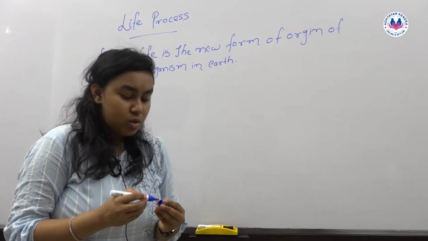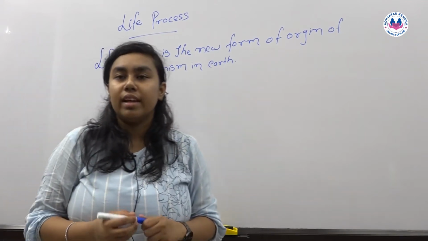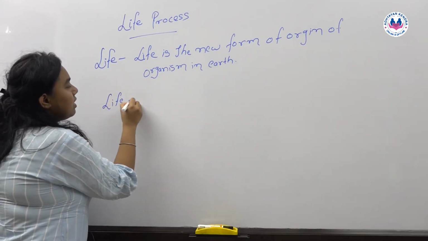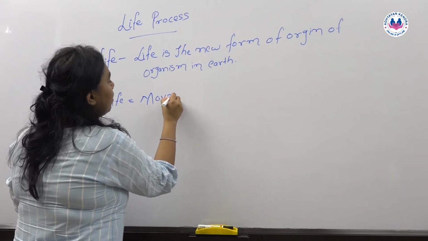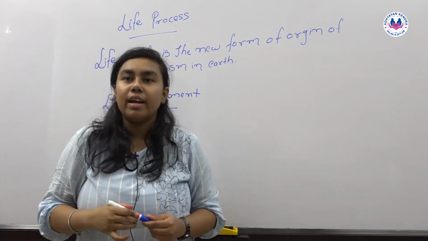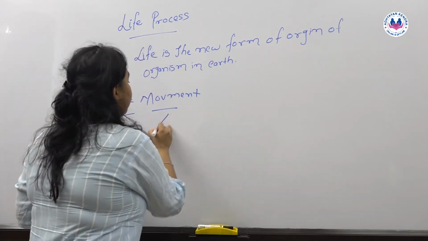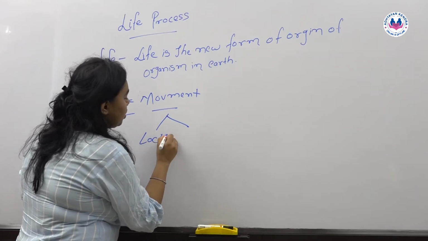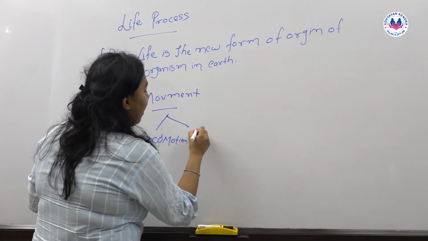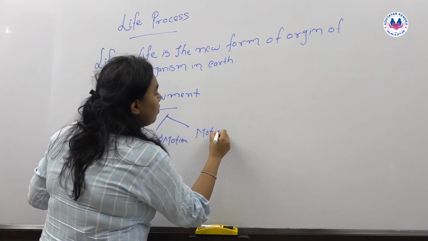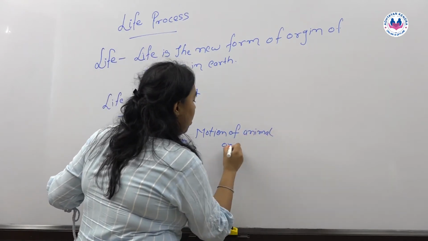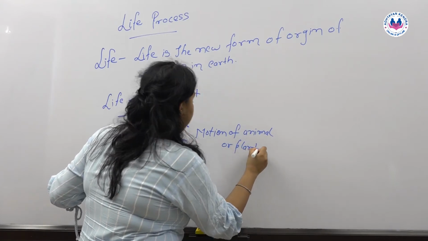Basically, life is coexisted by a few things, which is also called movement, because life is equal to movement. This movement is basically coordinated with the organism: locomotion and motion of animal or plant.